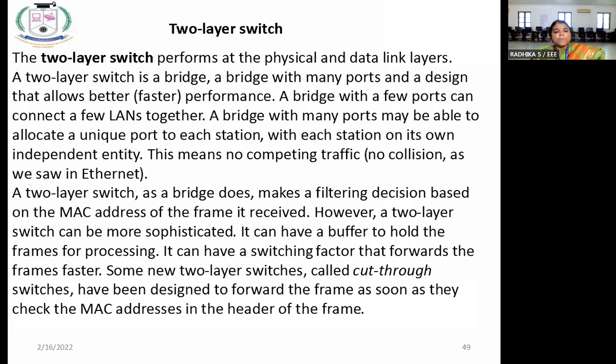It means that based on the MAC address of the frame it receives, and the table available, it will send the frame to the destination address only. Compared to a bridge, this 2-layer switch has more features. It has a buffer so that the frames can be stored for a short duration during the processing phase. So that is all about the 2-layer switch.